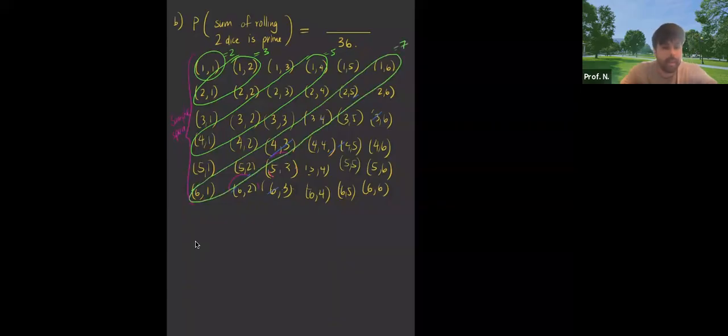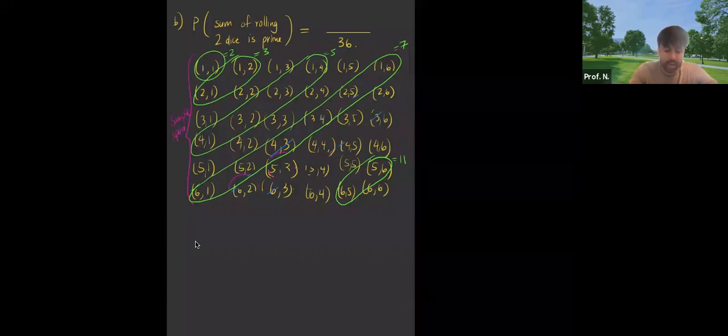That's prime. The next diagonal doesn't work, because we did that already. That's the 8 one. And then 9, that's not prime. And then 10, that's not prime. And then 11, that's 2 of them. And the last one is 12. So these are all the possibilities of rolling 2 dice whose sum is prime.